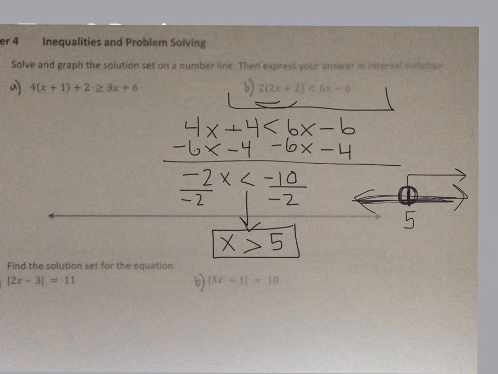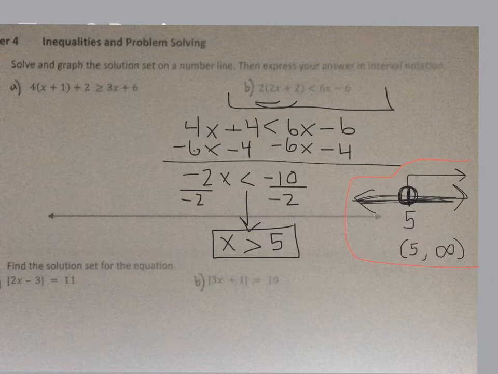So there is the graph. The interval notation of this would be from 5, a parenthesis, not a bracket, because you are not equal to 5, to infinity. So this graph and the interval is our final solution to the problem.